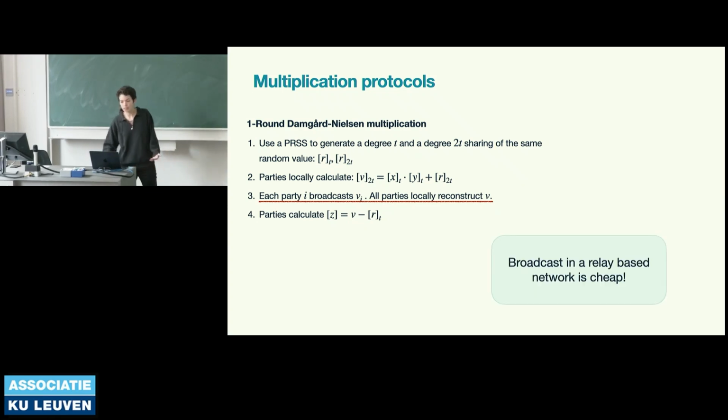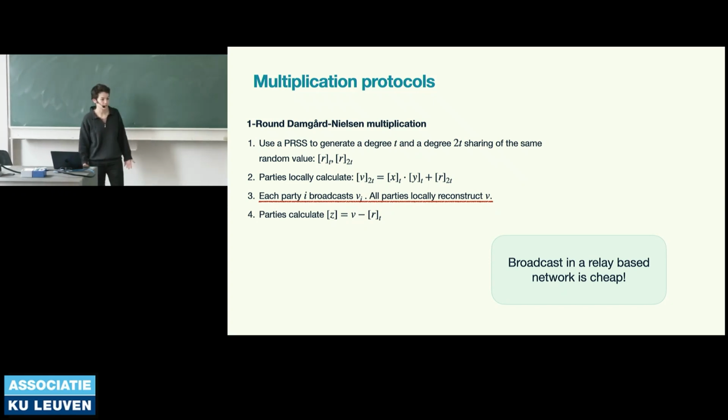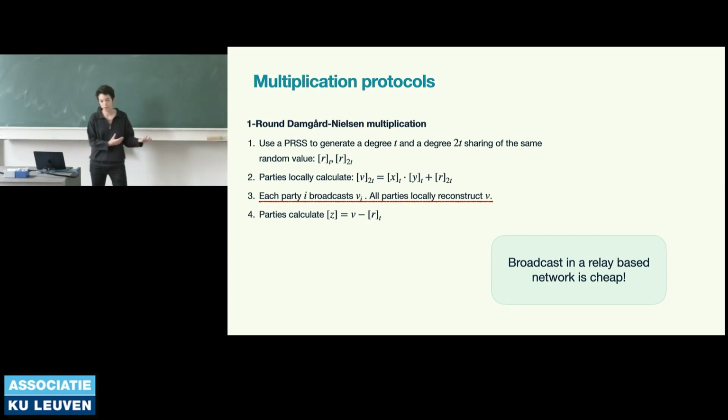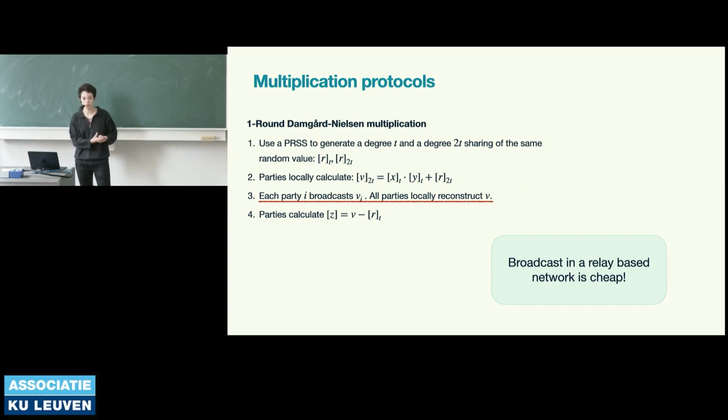But in our protocol, broadcast is very cheap, so actually this is much better than the previous 2-round protocol, because not only do we have a single round, we also have a lower communication complexity. And also this is secure up to additive attacks, so we can use this protocol in order to build our maliciously secure MPC protocol.